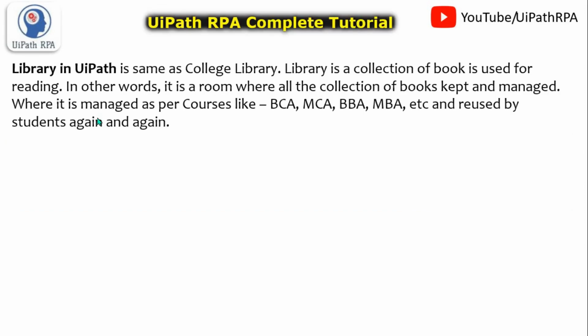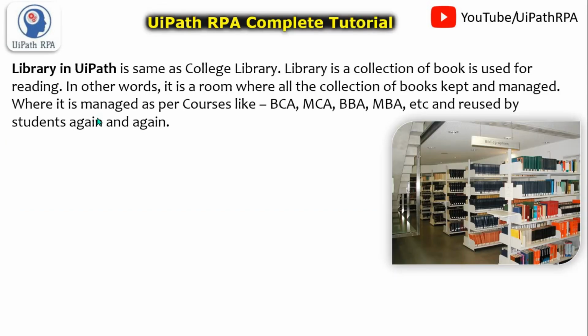A library in UiPath is the same as a college library. A library is a collection of books used for reading. In other words, it is a room where all the collections of books are kept and managed as per courses like BCA, MCA, BBA, MBA, etc., and reused by the students again and again.